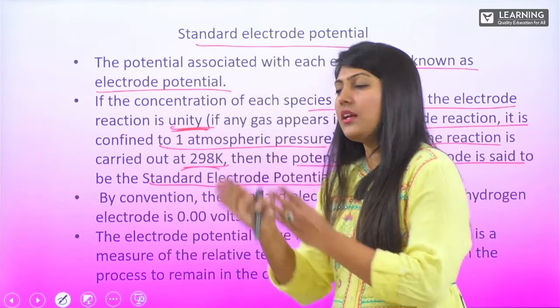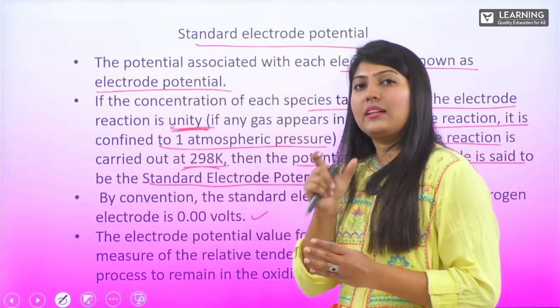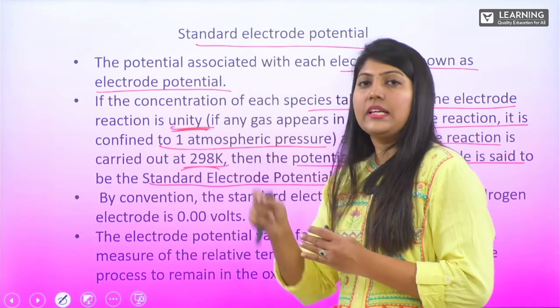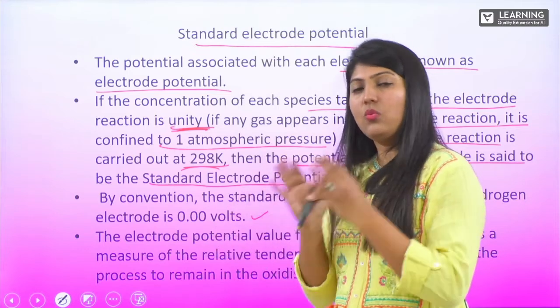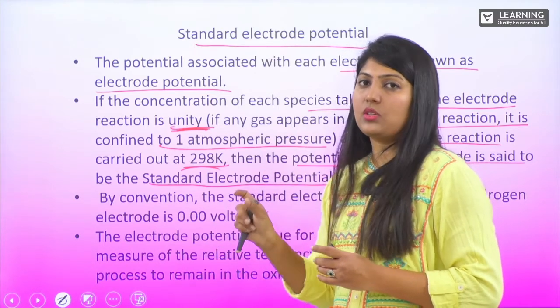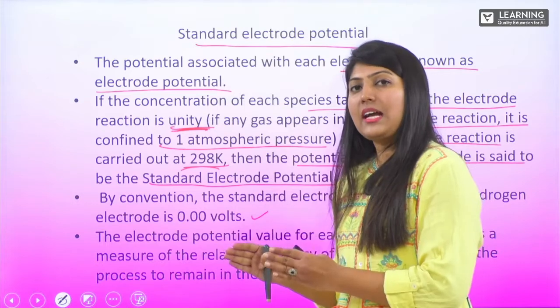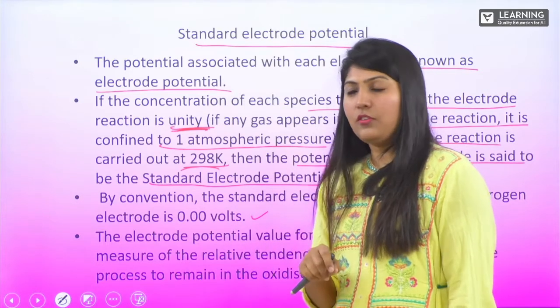So we can take the hydrogen and compare with others to get the exact electrode potential of given substances. For example, if I connect this hydrogen cell with the zinc, I'll get some reading. So that will be the standard electrode potential of zinc. Then if I take hydrogen and compare with the copper, I'll get the electrode potential of copper.